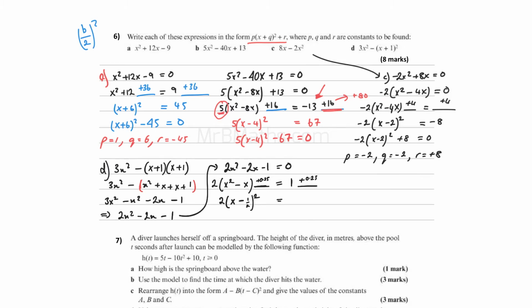Then not forgetting to multiply that 2 by the magic number, so this is in actual fact 0.5, and therefore we have 1 plus 0.5, which will be 1.5, or we can write 3/2, and then we can simply rearrange that for 2 open bracket x minus half squared minus 1.5 equals 0, and we can then state P as 2, Q as -1/2, and R as -3/2, or 1.5.